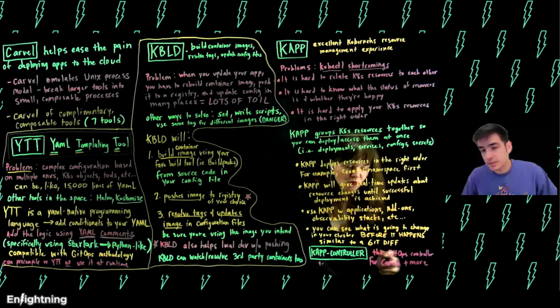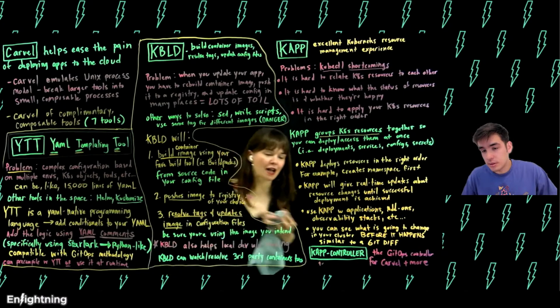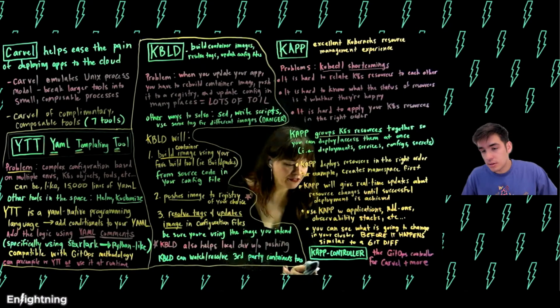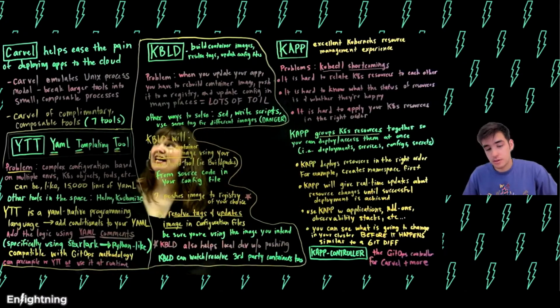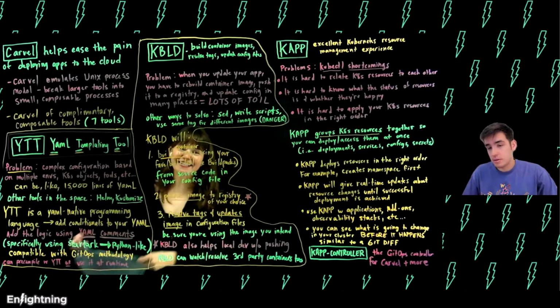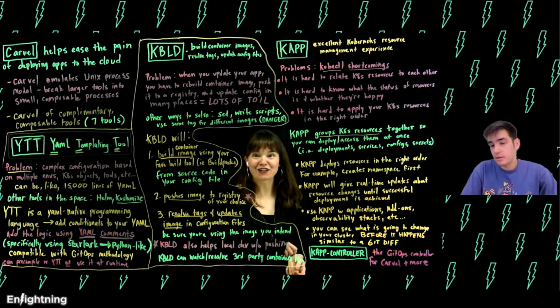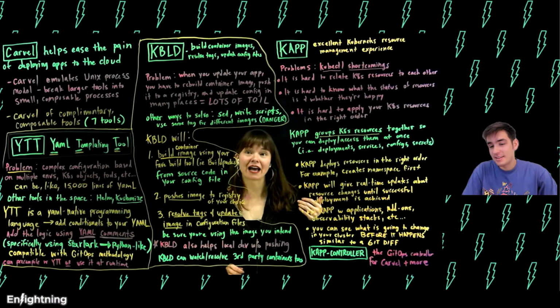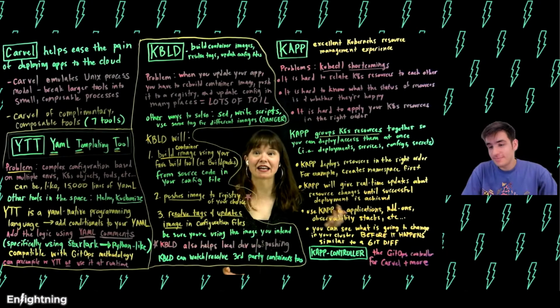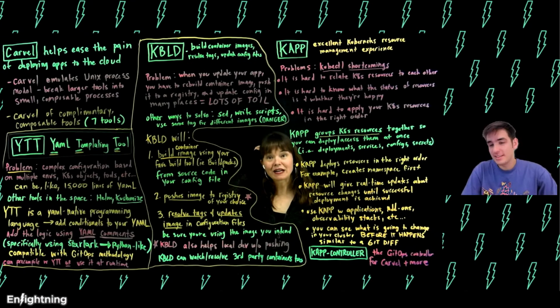While y'all drop your last questions and comments into the chat, I'm going to do a recap of everything we've talked about today. Carvel helps ease the pain of deploying applications to the cloud. What I've learned today is that's not just your homegrown applications, but also third-party applications or anything you need to manage what's running on Kubernetes or on the cloud more generally.